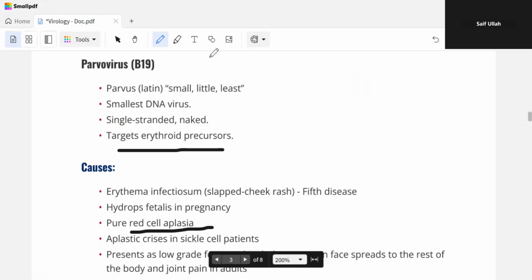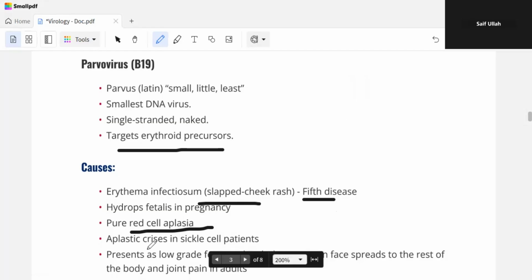So the reason why this virus is an exception is because he's not happy. Why? Because he got slapped. And when you get slapped, you're going to have five fingers imprinted on your face. So that's why it's called fifth disease. And that's why this guy is not happy, because that's an exception, because it got slapped, and because there's going to be five fingers printed on your face, so that's why it's causing fifth disease.